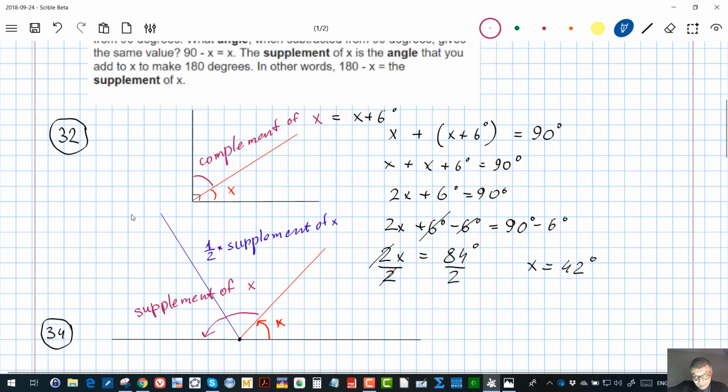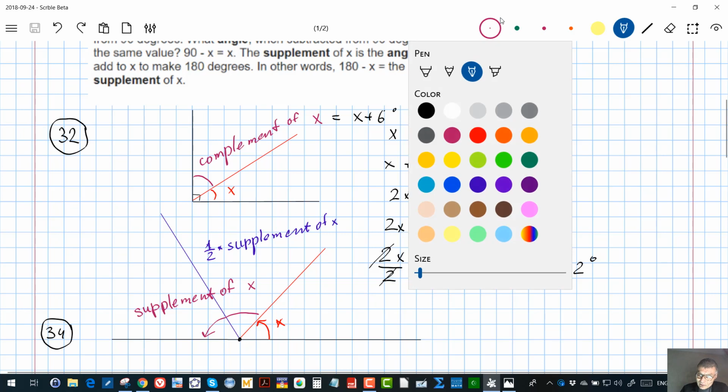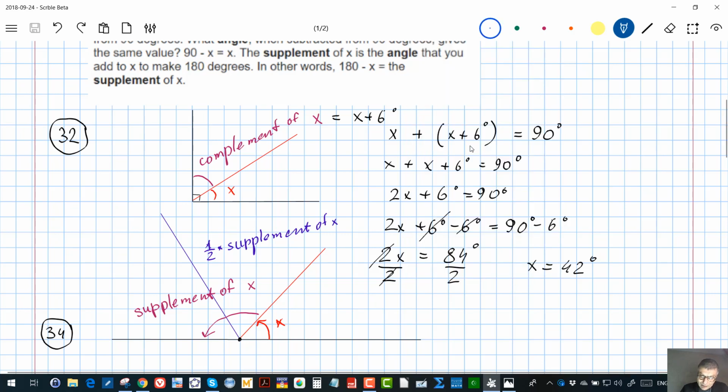So anyway, when we bisect, we get 1/2 of supplement of x, and this is another 1/2, and I change the color. 1/2 of supplement of x.